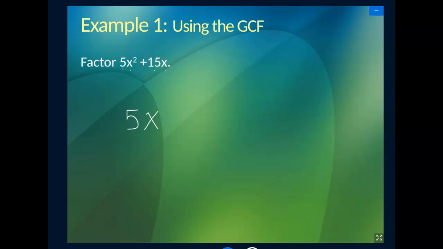So our GCF is 5x. And then that leaves behind 1x for the front. And 15 divided by 5 is 3. And x divided by x takes it away. So your GCF is 5x, and that leaves behind x plus 3.